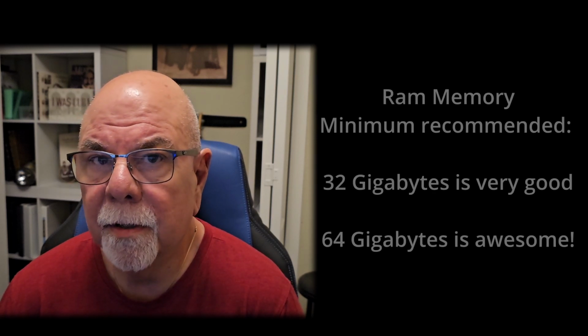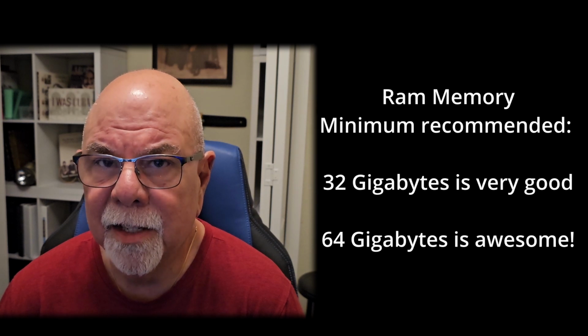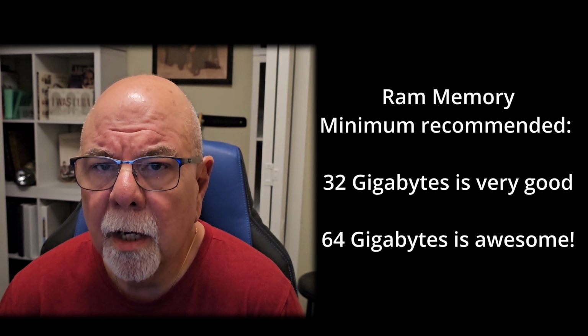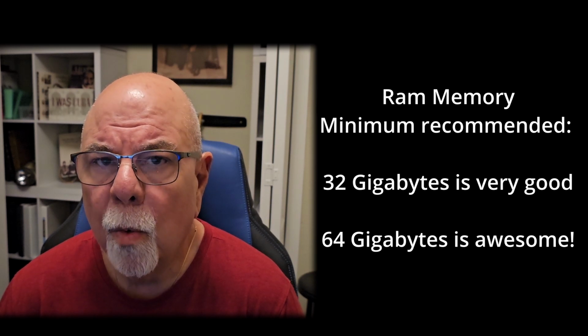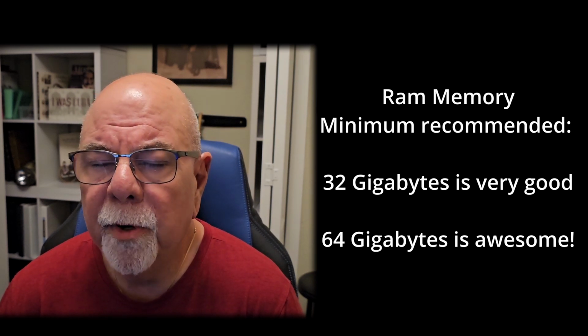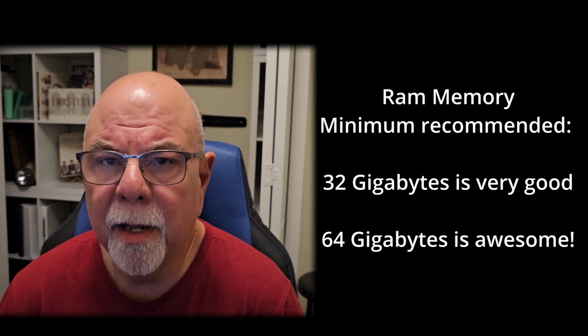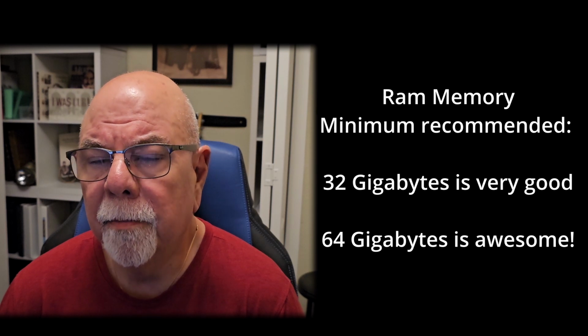Now, we talk about 2 other components, RAM and storage. There's a difference. Some people confuse storage with RAM. RAM is memory chips that can temporarily store information when the computer turns on.